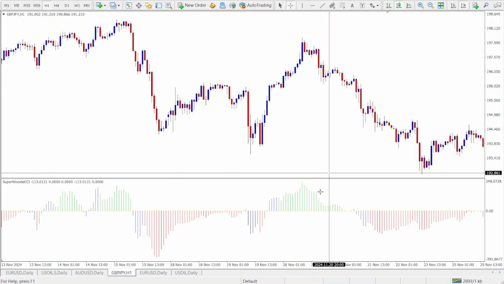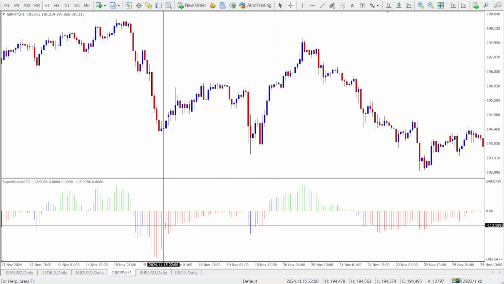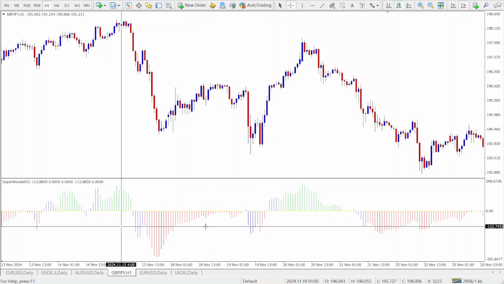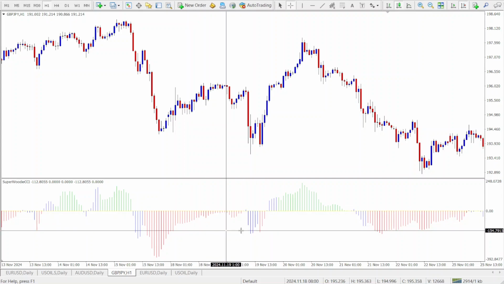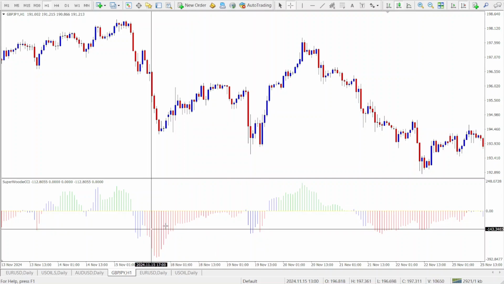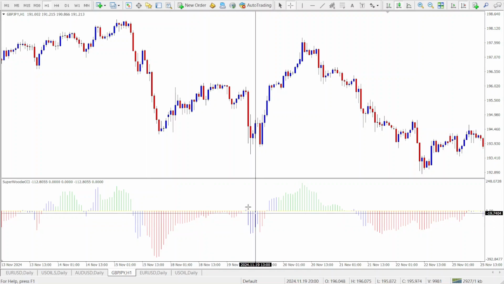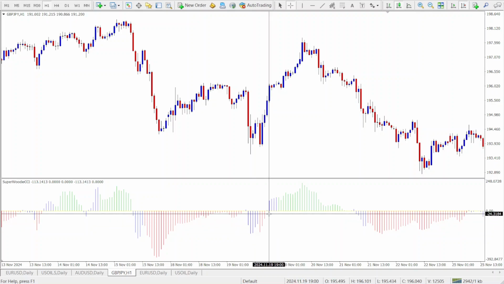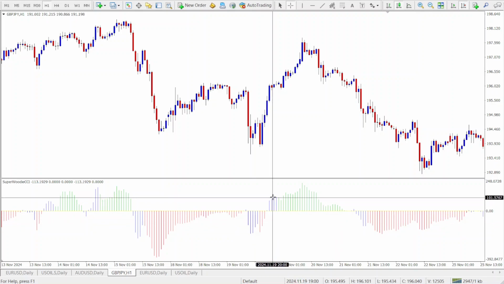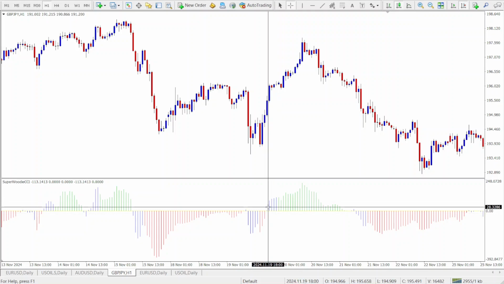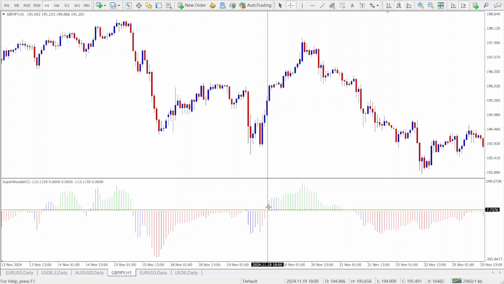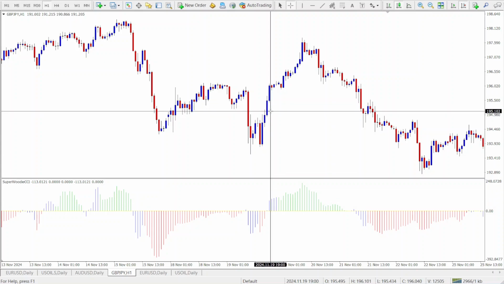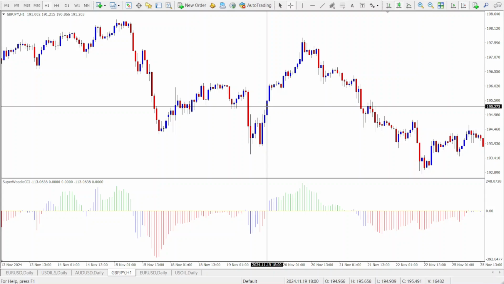For example, this was indicating bearish momentum before. The histogram bars were in the negative territory, indicating bearish momentum. Then at the point where the bars flipped to the upside, that was where we had an entry signal for a buy trade. So we had our entry signal somewhere around here.